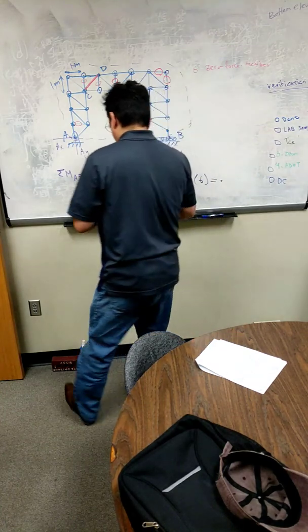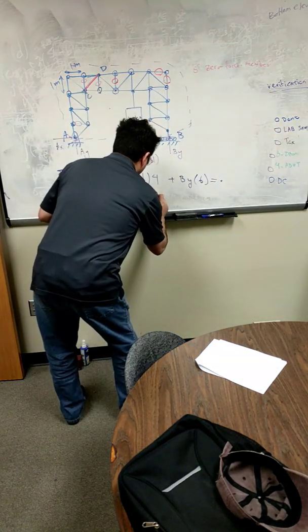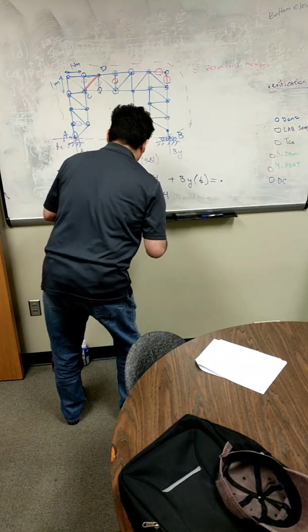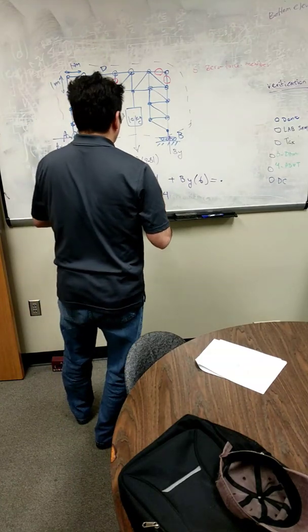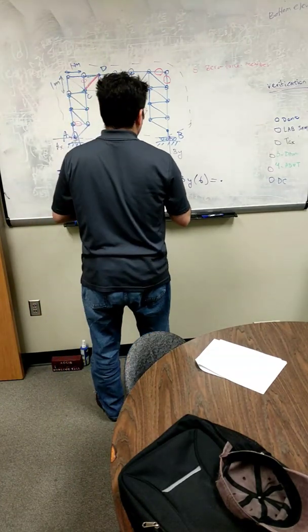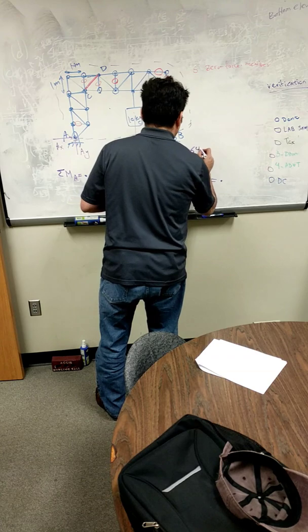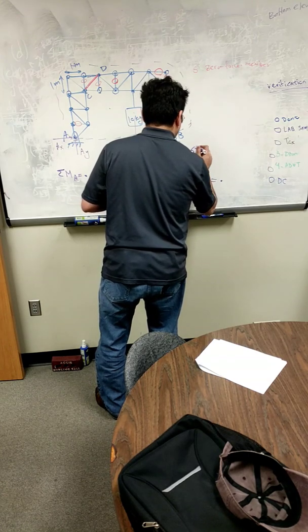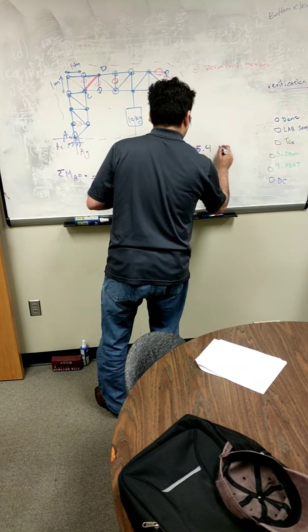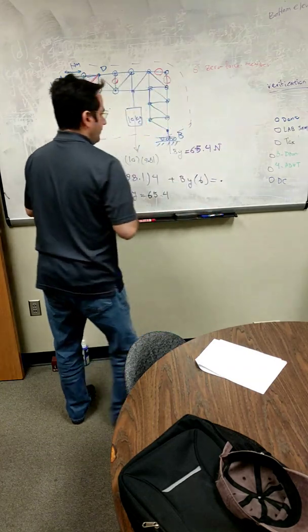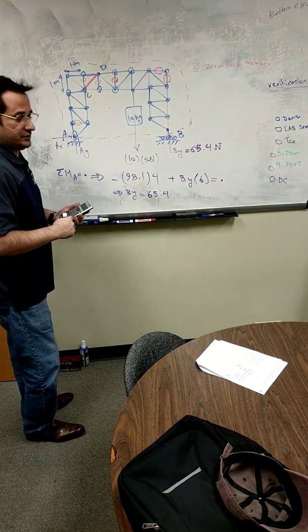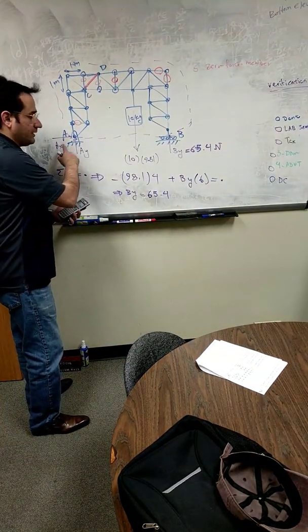So dy is 65.4 Newton. Now the question is, do I really need to find X and Y?